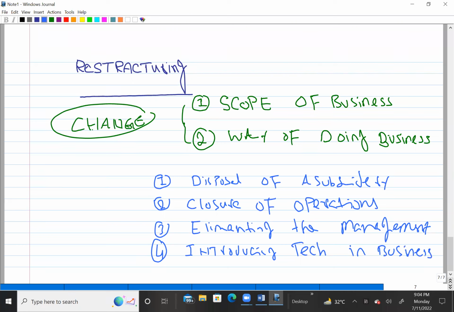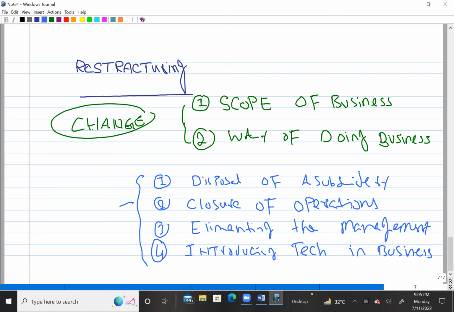For example, now we will not use manual labor. Now we will use robotic technology. That is a change in technology. Now, instead of conducting physical classes, we will conduct the classes online. That is a change of technology in doing business. In all these examples, either the scope of the business is changing or the way of doing business is going to change. And these are examples of restructuring.